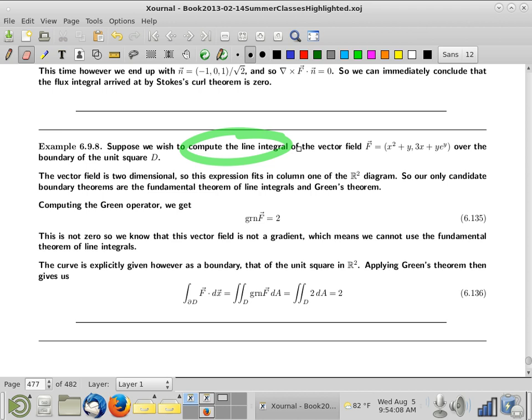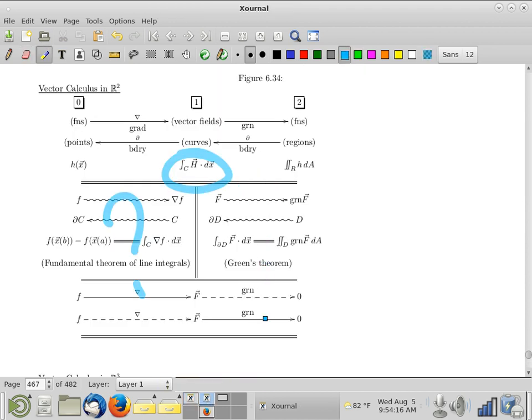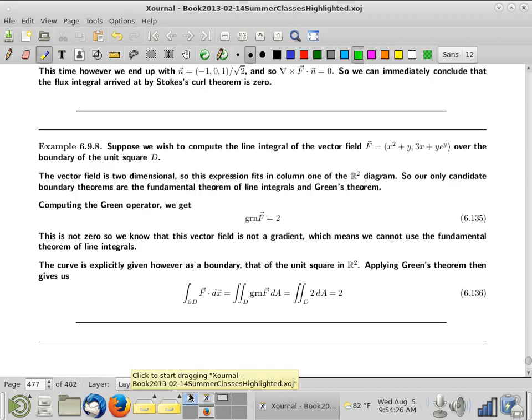And let's try to decide if we can use the fundamental theorem of line integrals. Well, we know from the diagram the way we're going to arbitrate this question is by computing Green's operator and seeing if we get 0. We can compute Green's operator at a glance. Looking back at the thing here, here are the 2 components. The x partial of that is 3. The y partial of that is 1. They're not the same.